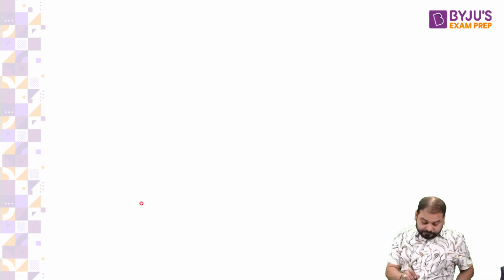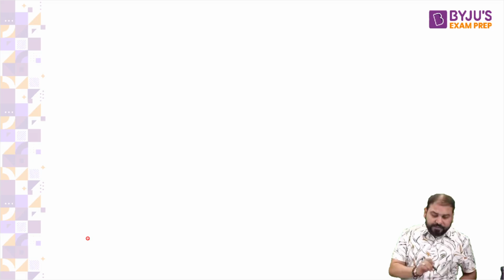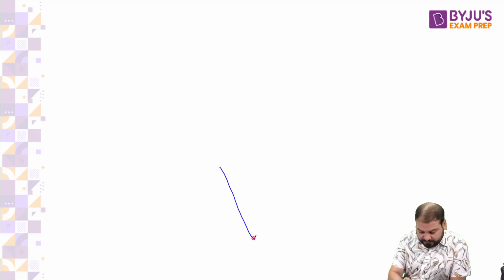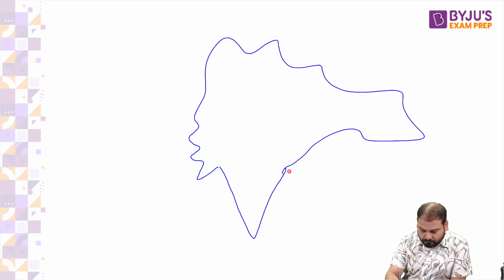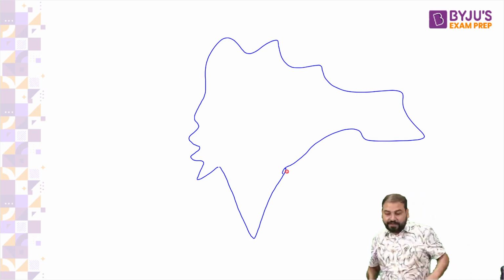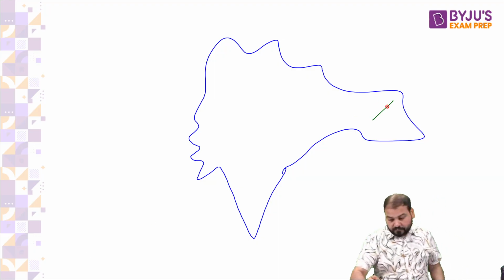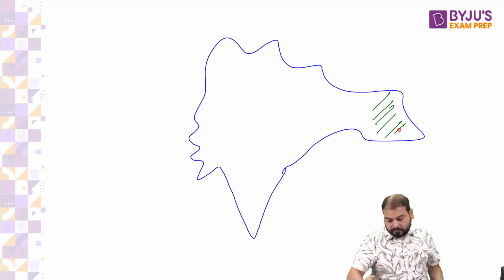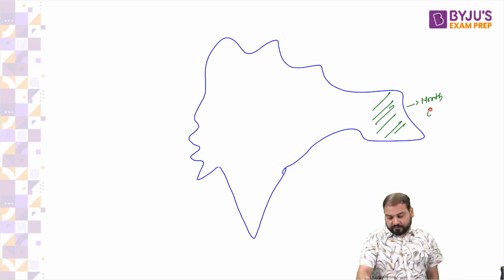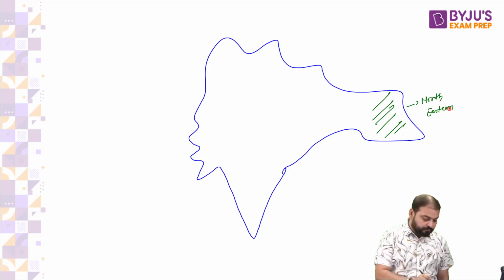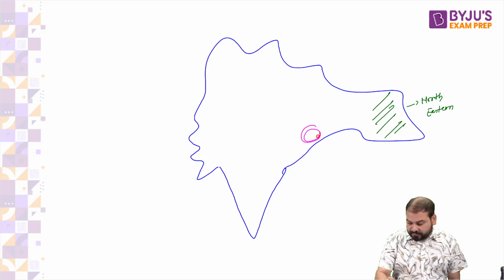Everyone, now see, in geography, most probably in population geography, you would study this. If you see, this is one tribal belt in our country, in the northeastern part of our country. The other tribal belt is here, which you all know as Jharkhand, Odisha, Bengal.